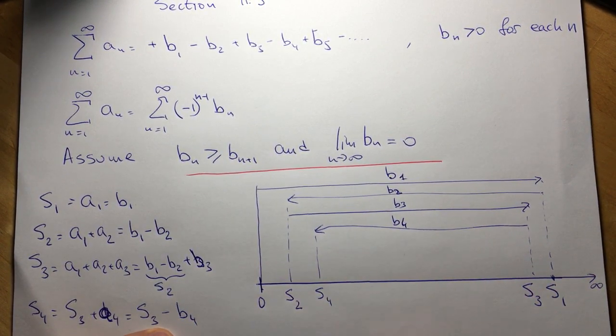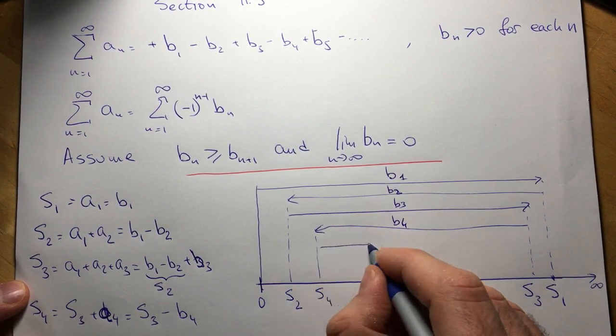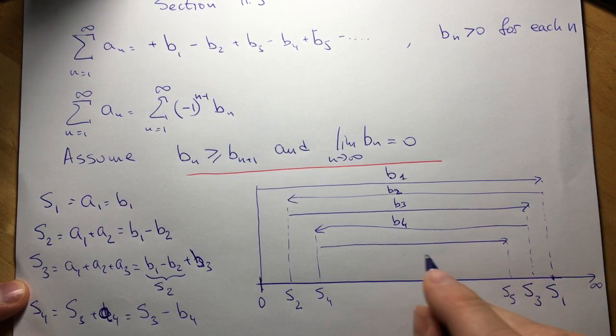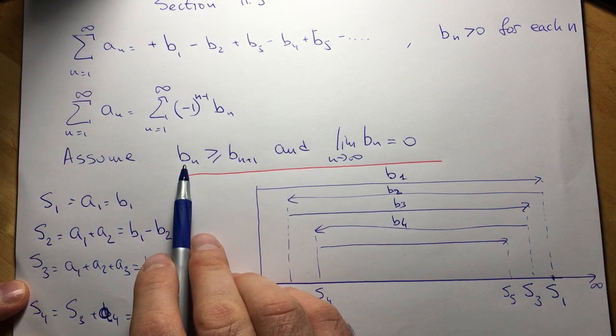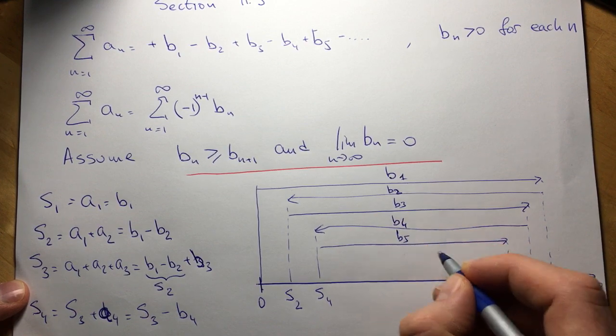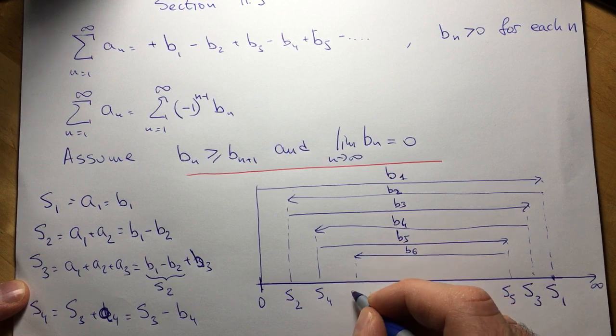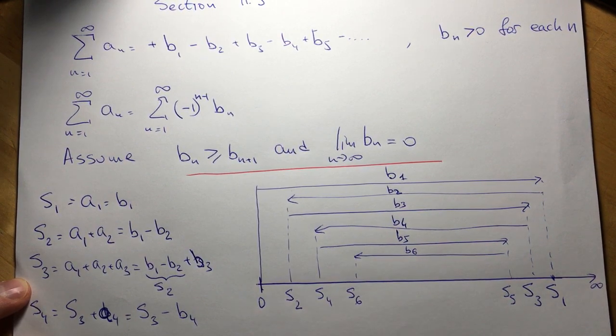This is s4. As we can see, because bn is a decreasing sequence, this is how the partial sums are going to behave.